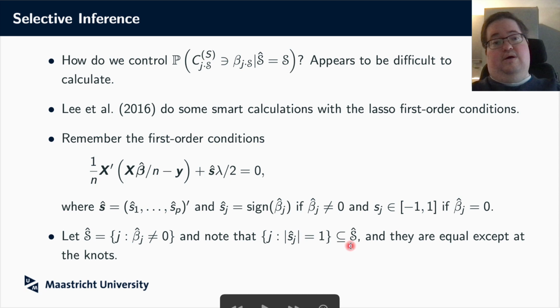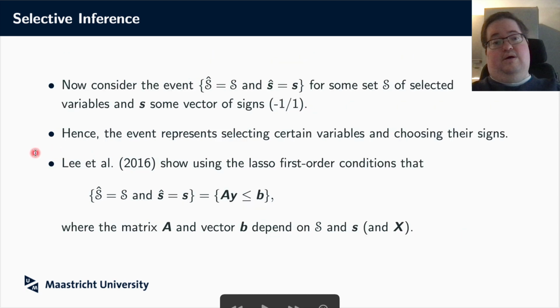In fact, it is generally equal except at the knots, because at the knots is where we just add one variable and then we have not set its sign yet, because its coefficient is still 0, but the variable has been added. But that is the only difference between these two sets. And it turns out that we can use that to do inference.